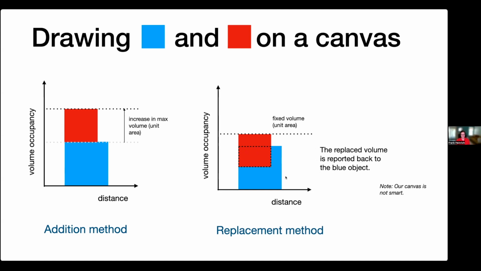So those things can be quite difficult if you really want to come up with a general way of how to model that. Our canvas is not smart, meaning once you paint something onto the canvas that we use, it actually forgets what you painted on it. You just have a volume and you have associated scattering. So this reporting back is done in a way that is sufficient for our needs.